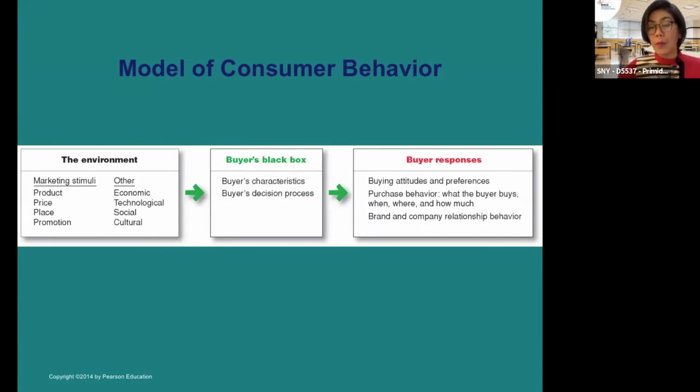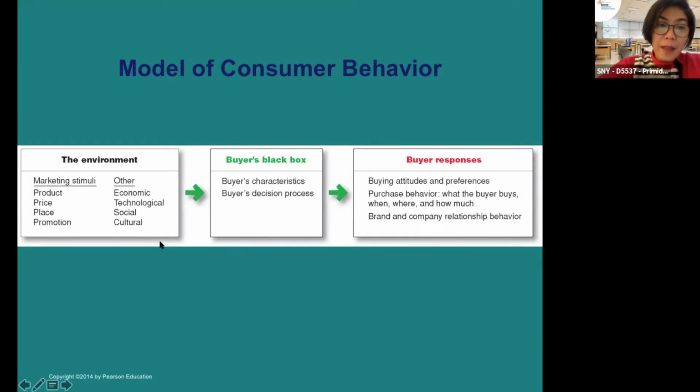And also the relationship behavior between the consumers and the brand and the company. So these are the buyer responses that come as a result of the combination of environment and the buyer's black box.